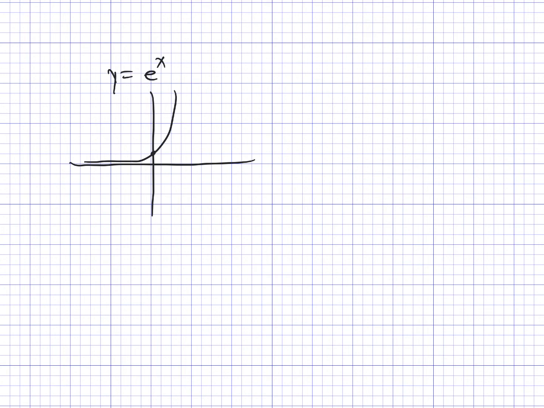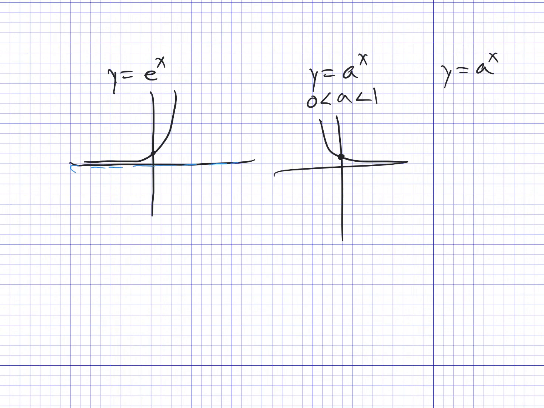Anytime, first of all, you have to know what your exponential parent functions are. a to the x. If a is between 0 and 1, meaning a fraction between 0 and 1, then we know that it goes like this. You have these asymptotes here.